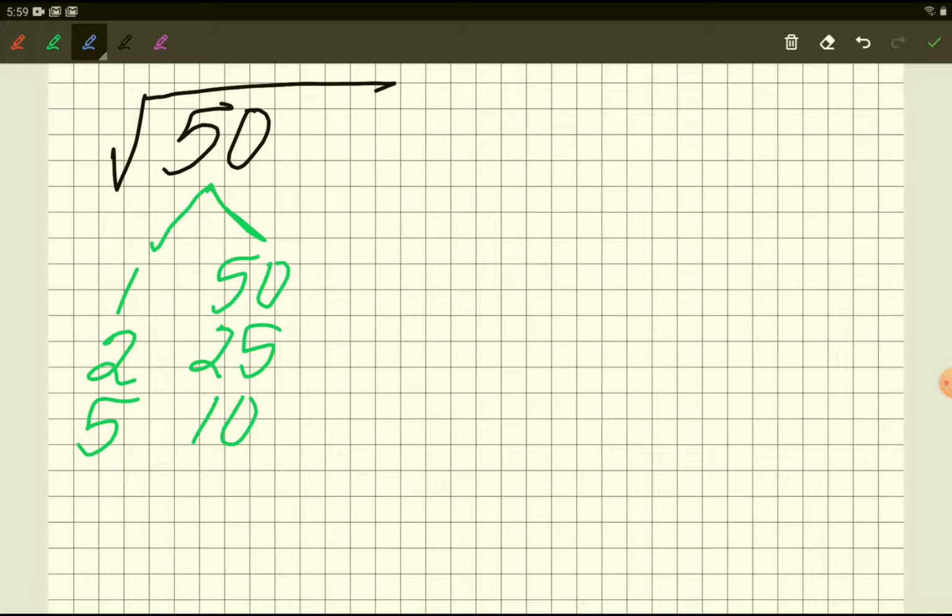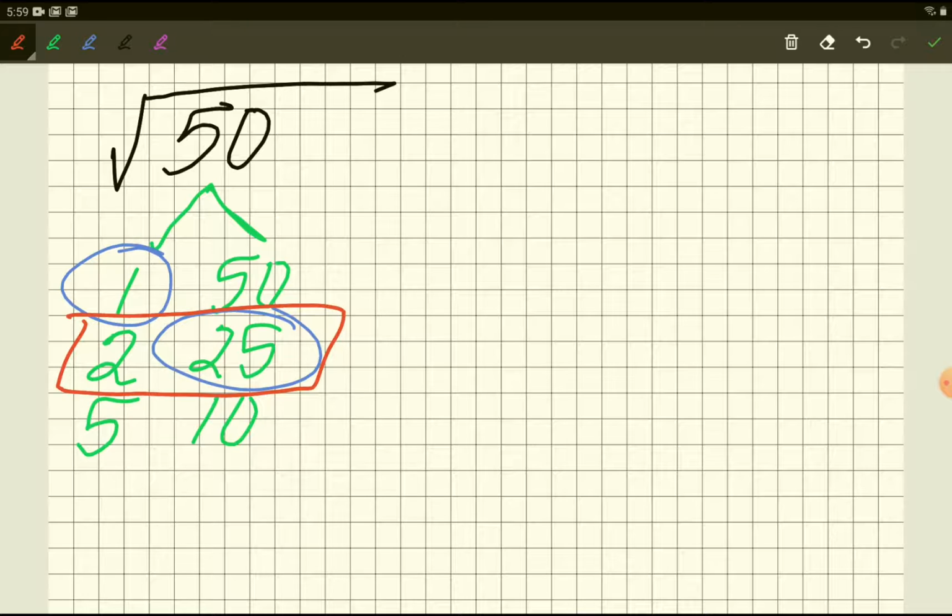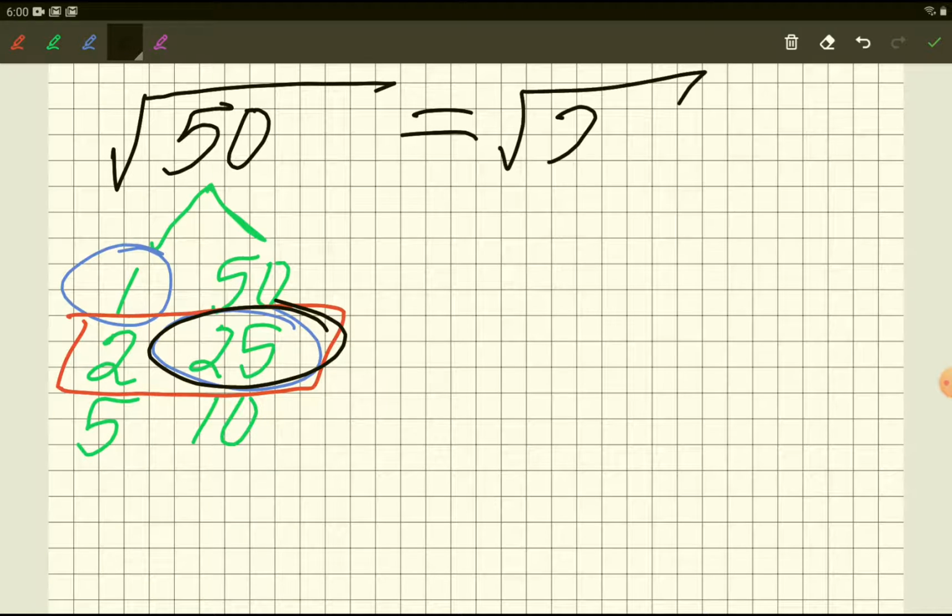So now we circle all the perfect squares. All right, and that's all of our perfect squares. So we choose the pair with the biggest perfect square now. That's what we're going to use, 25 and 2. Personally, I like to put the perfect square first.